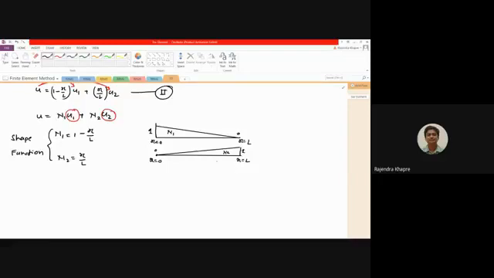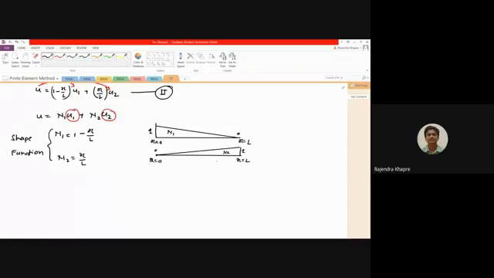At the same time, if you see the other nodes, for example the n1 value at node number 1 will be 1, but at the other nodes it will always be 0. The same thing you can see with n2: at node number 2 the n2 value is 1, but at node number 1 the value of n2 is always 0. So this is one of the two basic properties of the shape function.